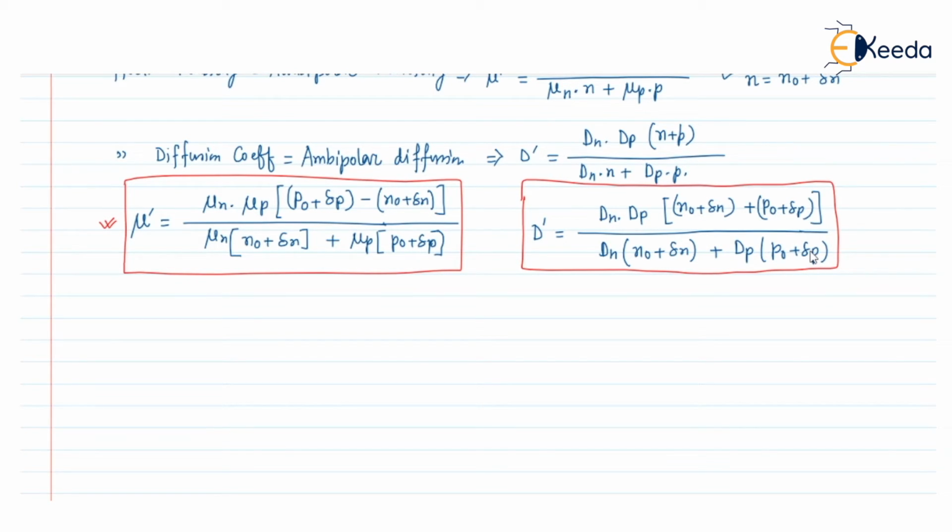Now, if we consider a p-type semiconductor, then what will be the value of this mu dash and d dash for the p-type semiconductor? So let us consider a p-type semiconductor like this.